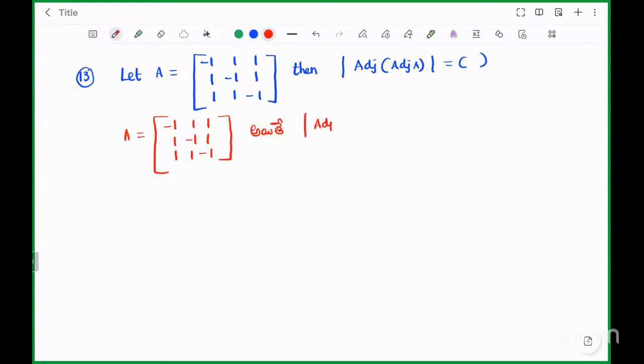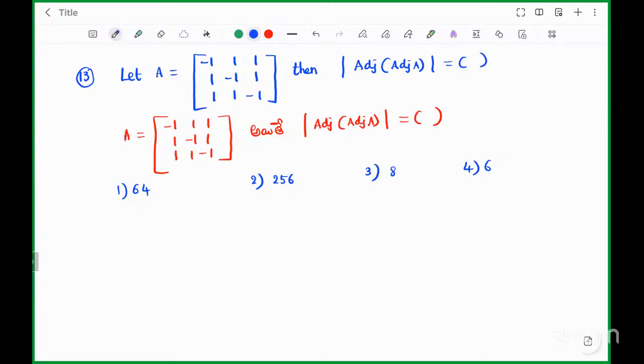Here matrix A is given and we are asked to find out the determinant of adj of adj A. In this problem, actually you need not find out the adjoint of A, even adjoint of adj A also.